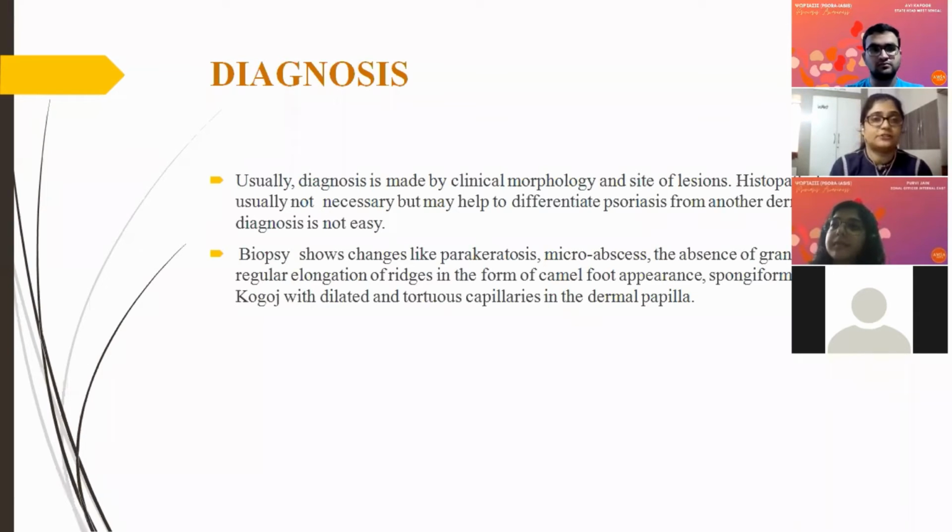These are the pathological features. Spongiform pustules of Kogoj, with dilated and tortuous capillaries. These are the pathological changes of the epidermis and the dermis that can be seen if biopsy is done.